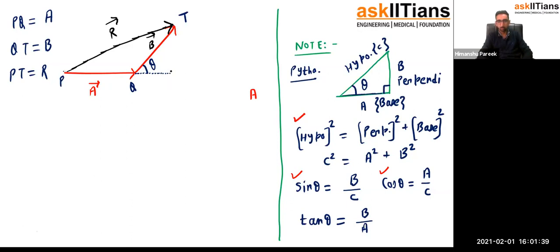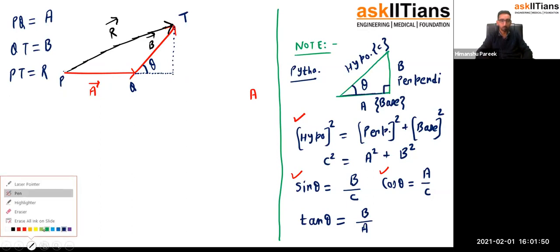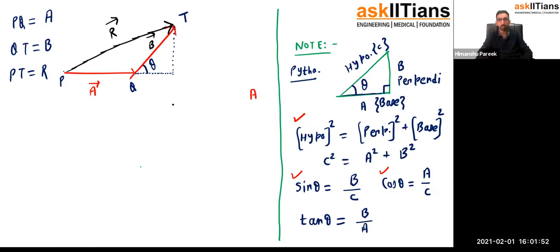So this will come here, and now you drop a perpendicular from the point T. Let's say this point is O. Now anybody can see that the triangle POT is a right angle triangle.